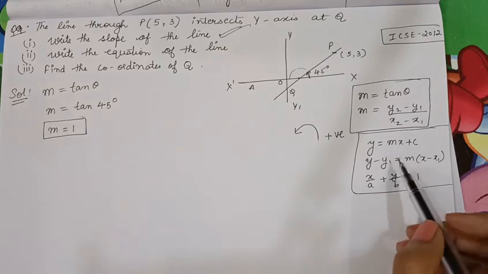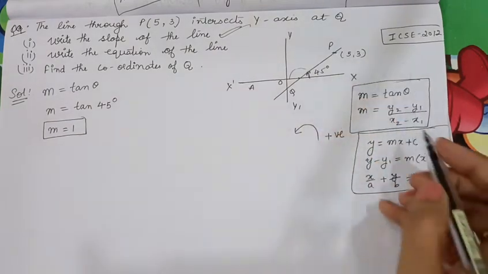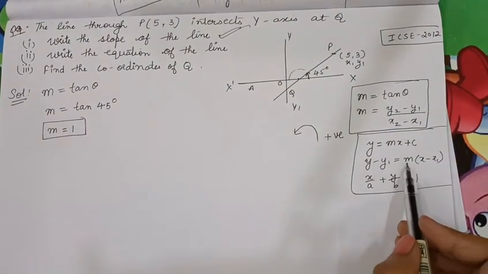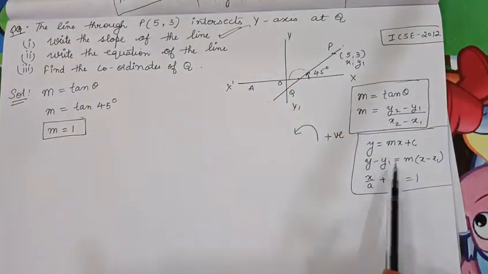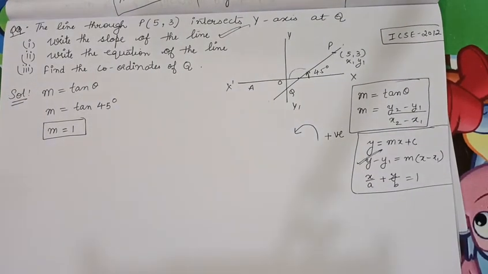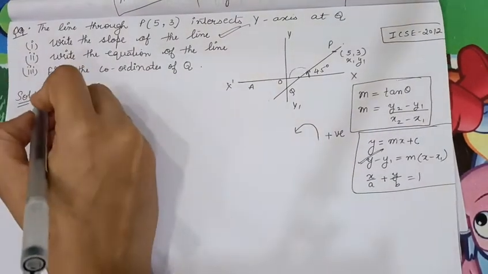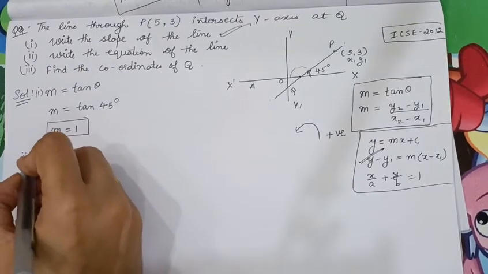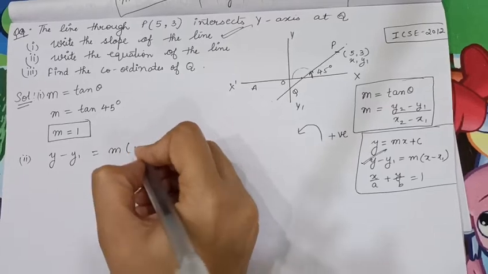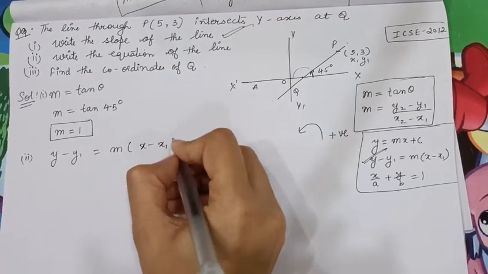From the coordinates we know the values of x1 and y1. Also we know the slope of this line; just now we have found the slope m. So that means the second form again we can use here. y minus y1 equals m into (x minus x1).